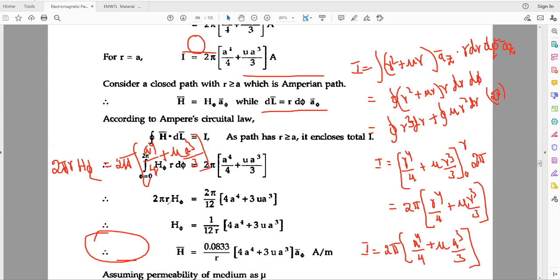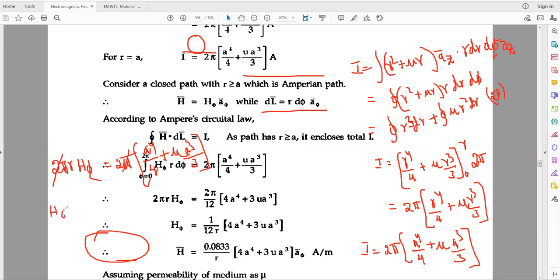Why did you get 2 pi r into H phi? The integral of H phi r d phi, because dl bar is in the phi direction, r d phi, and H bar is in the phi direction, H phi a_phi. a_phi dot a_phi is 1. Applying the integral of d phi gives 2 pi r into H phi. Both sides, the 2 pi gets cancelled.